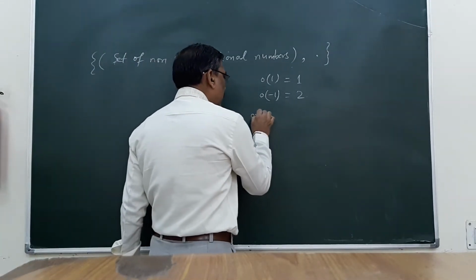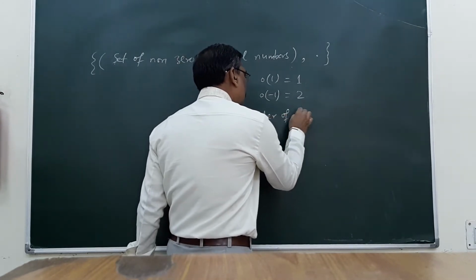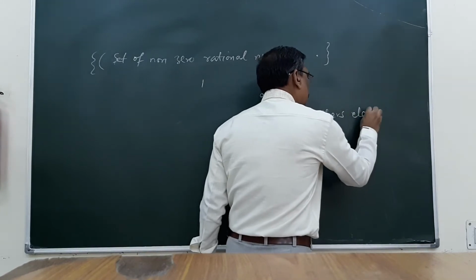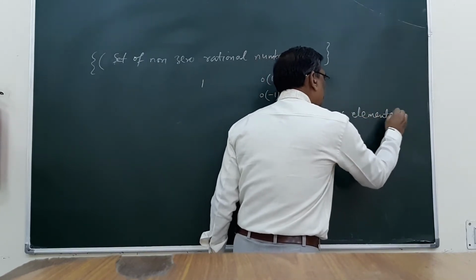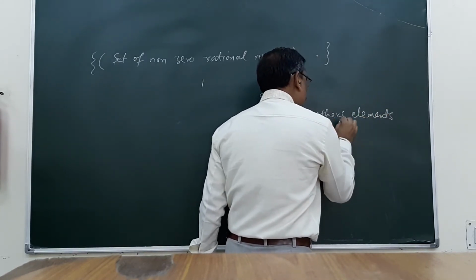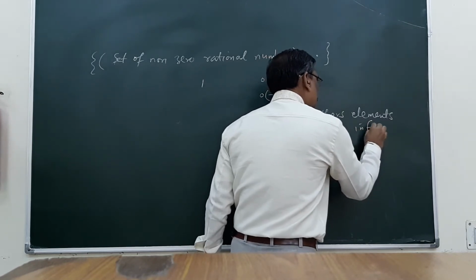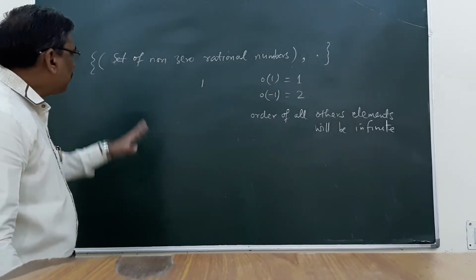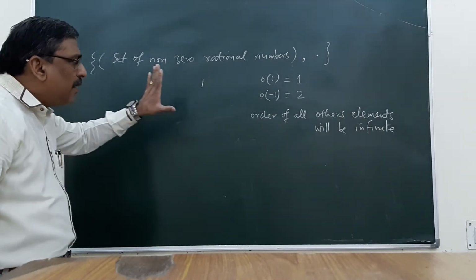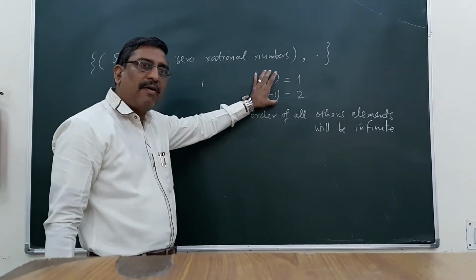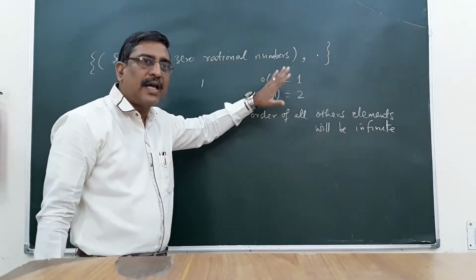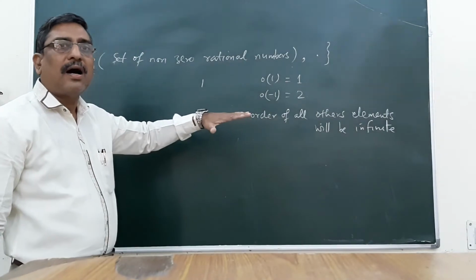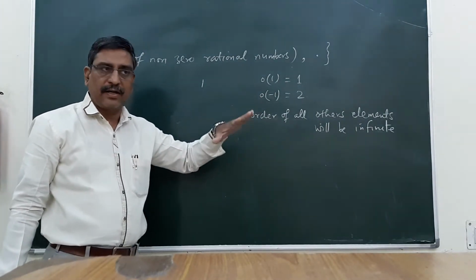Order of all other elements will be infinite. Naturally, there are limited elements which have finite order, otherwise the remaining elements are such that their order is always infinite.